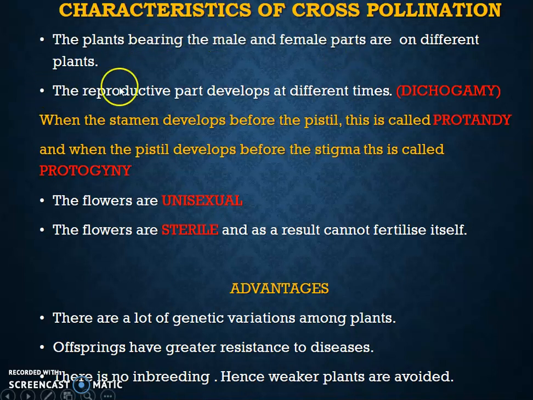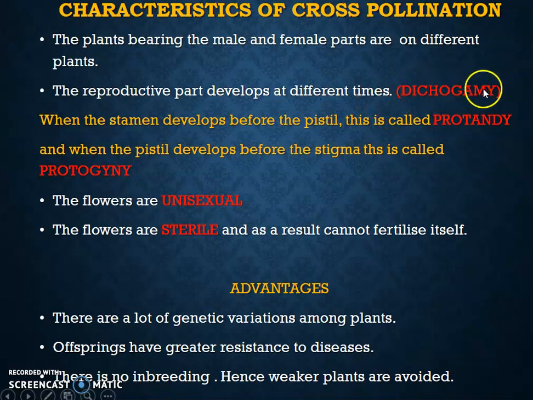Then we also know that the reproductive parts develop at separate times. So you can have the male part, which is found on one plant, developing earlier than the female part, or the female part developing earlier than the male part, because they occur on separate plants. And this is what we call dichogamy.